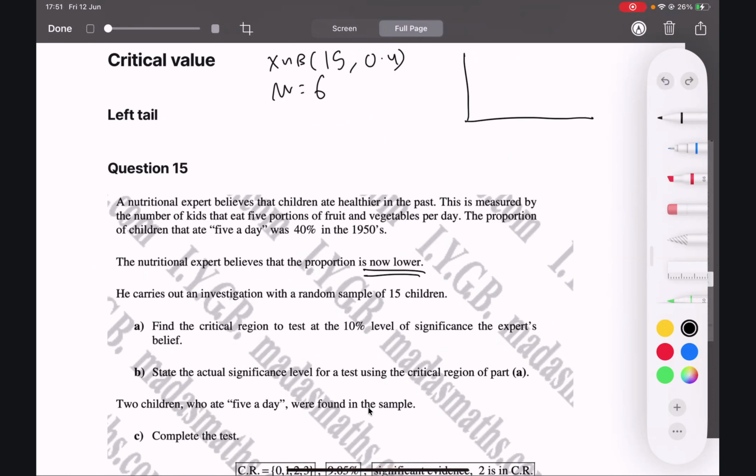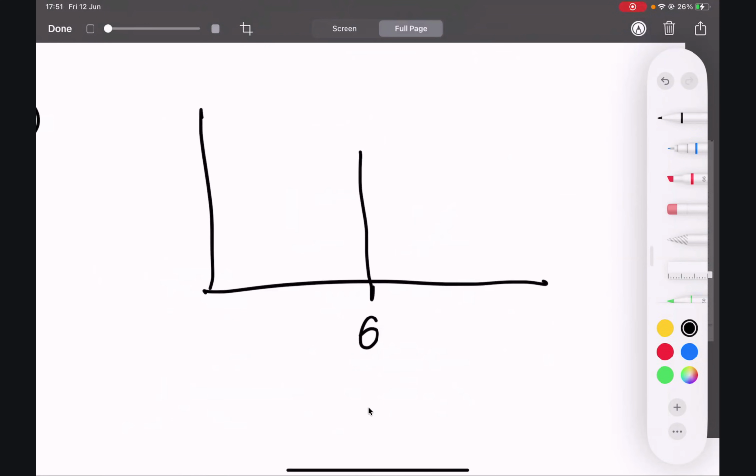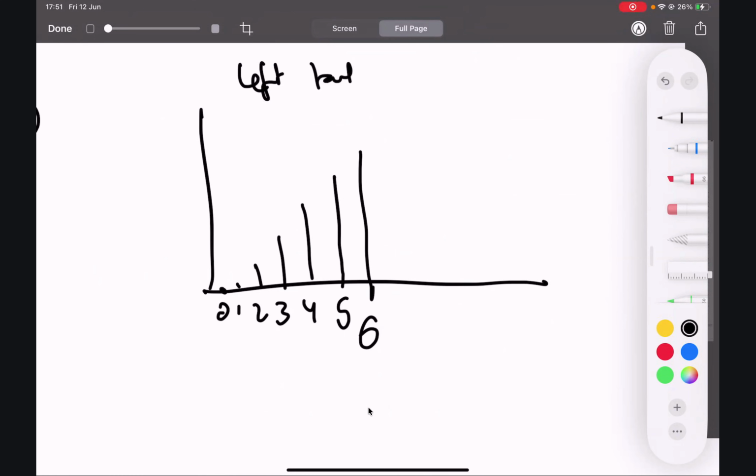So if I did a sketch of 6, all I know is the probability of it being 5 people out of 15 eating 5 a day should be lower. 4 people eating 5 a day should be lower, 3 people lower, and 2 and 1 and 0. And same on this side, but this is a left tail test, so we don't really care about the other side, but it will follow the same pattern.